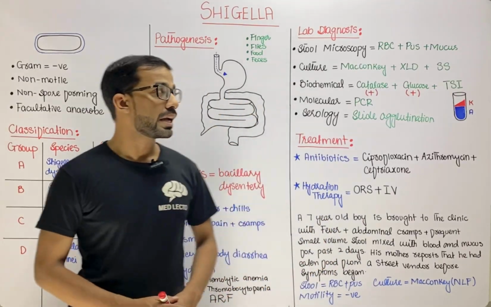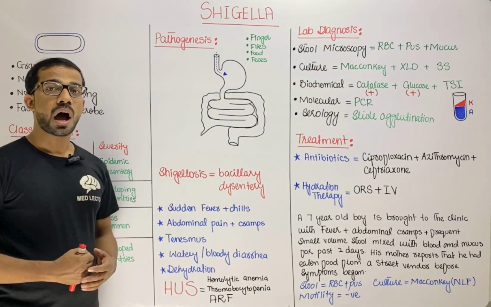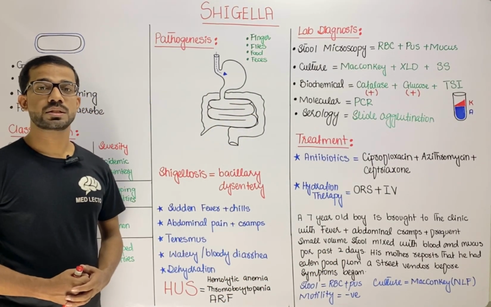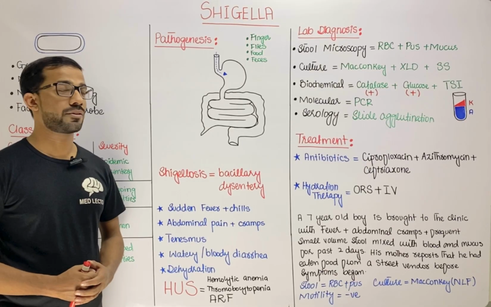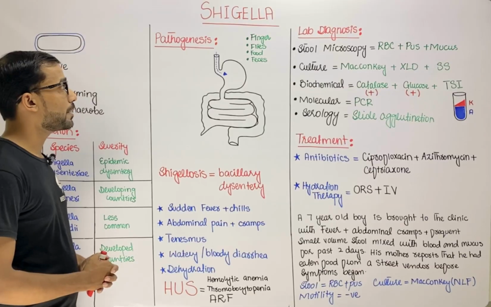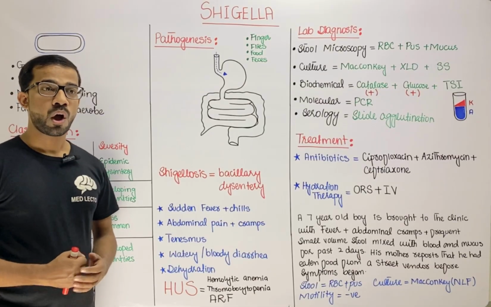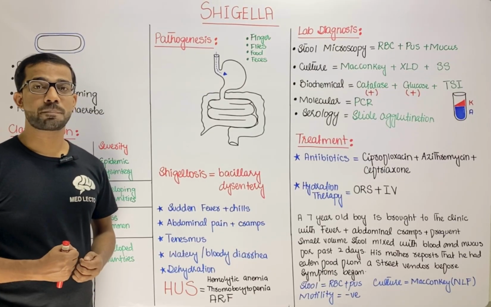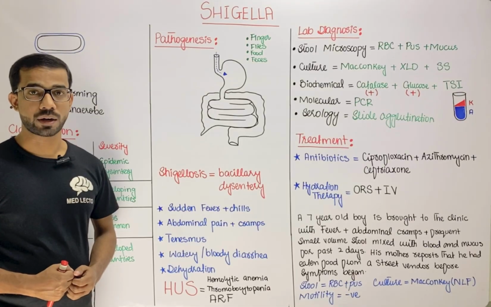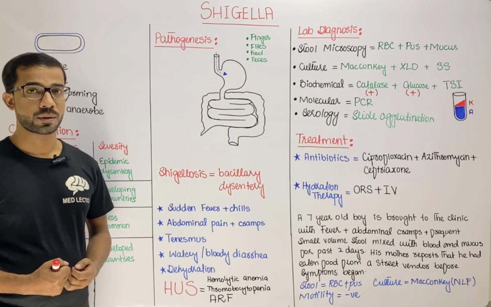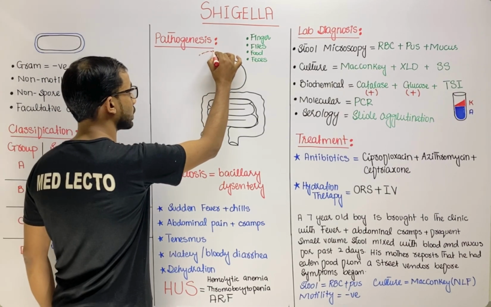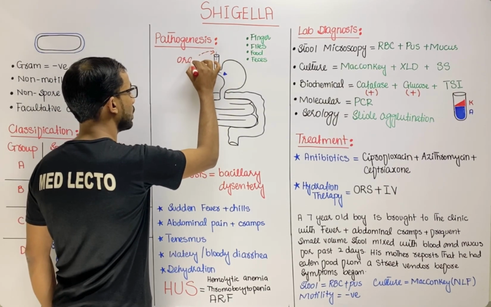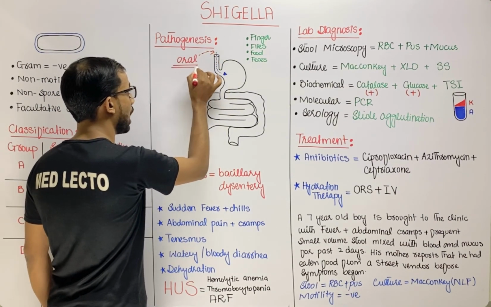Next, we will see pathogenesis, how Shigella causes bloody diarrhea, or you can say dysentery. First of all, we have to know where this bacteria enters our body, through which route. It enters through the oral route. How?